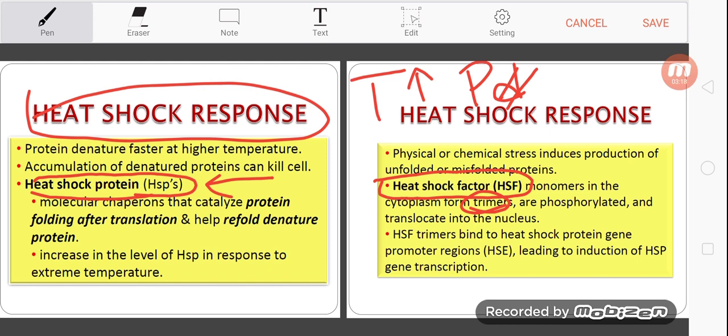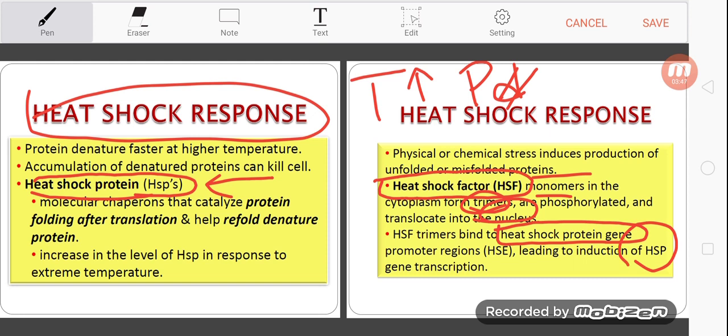This is the process that happens to these monomers here. Eventually they bind together, make trimers, are phosphorylated, and then travel to the nucleus. When they arrive at the nucleus, they bind to the heat shock protein gene, and transcription happens. It will produce the HSP protein.